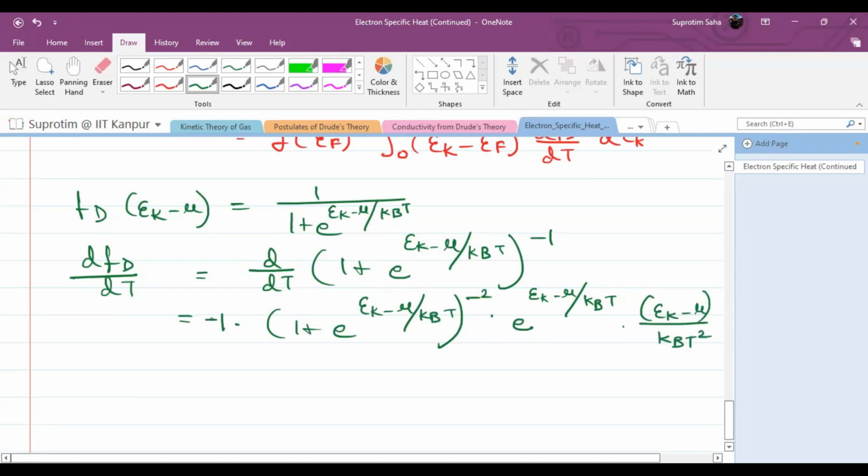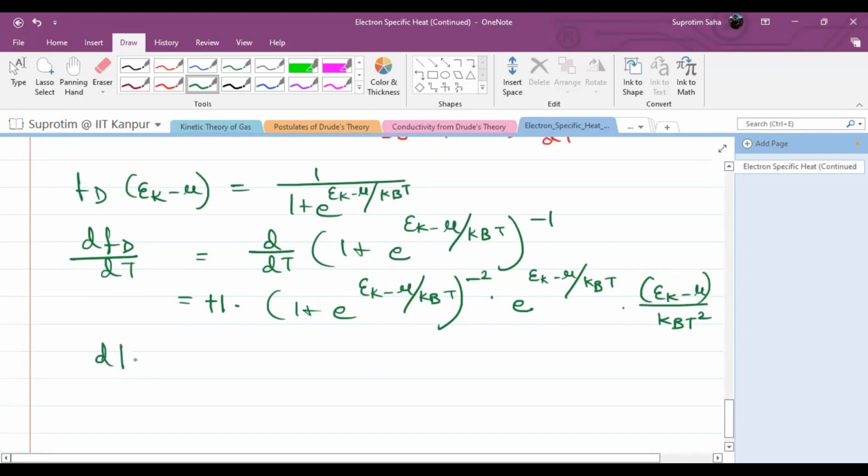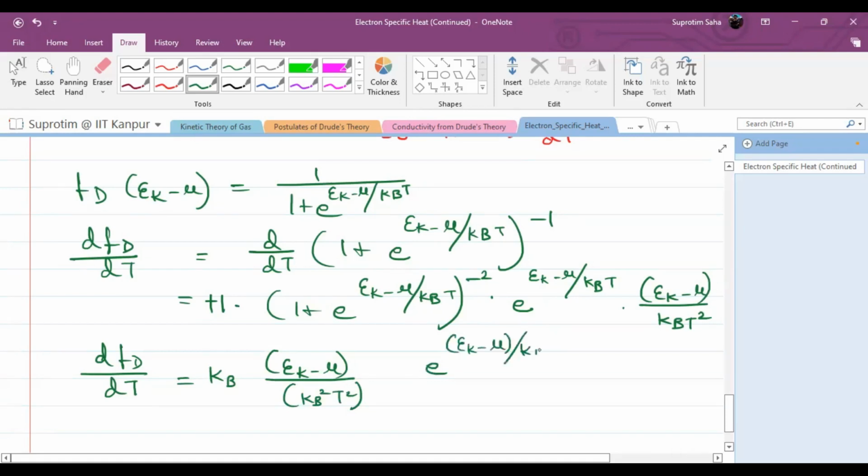Minus will come from this, so this will be 1. So your d Fermi Dirac by dT is kB times Ek minus mu over kB squared T squared, e raised to Ek minus mu over kBT, divided by 1 plus e raised to Ek minus mu over kBT, whole squared.